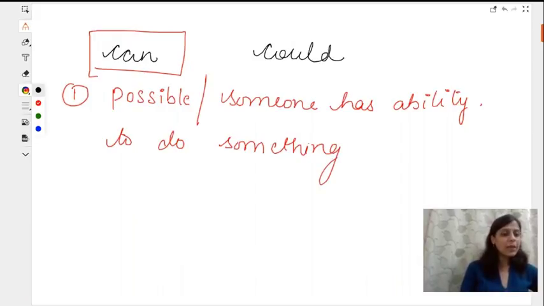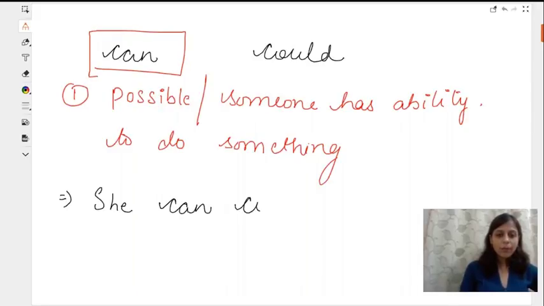I'll make a statement now. Let's say I have a statement: she can cook. A very simple statement. I use the modal right before a simple verb, that's cook.